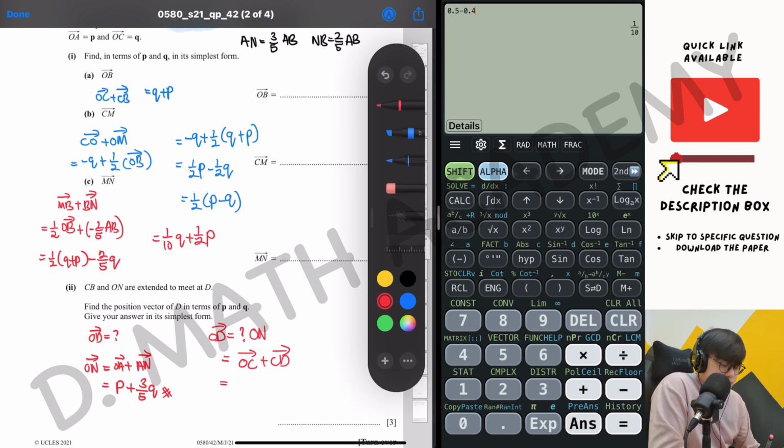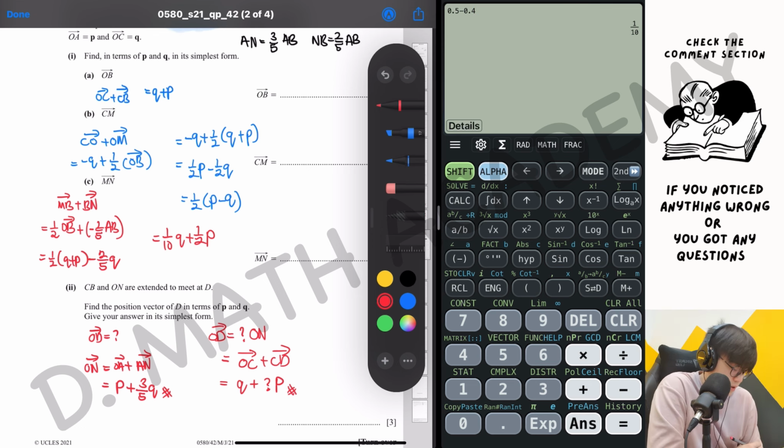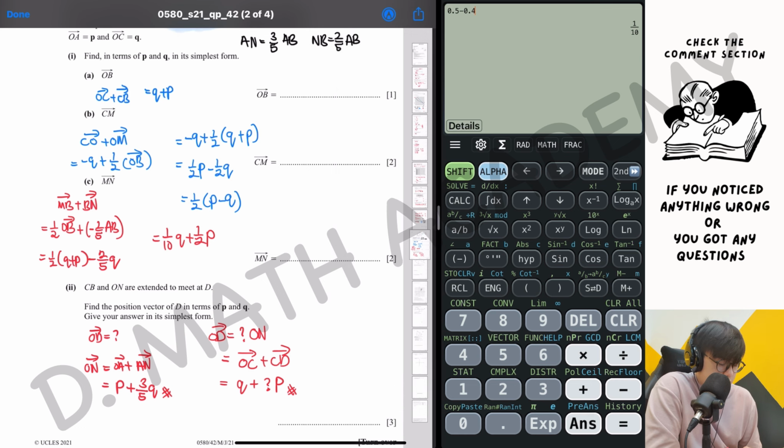Your OC is actually 1 Q, and then we have a CD that is something related to P. With this value, we can now try to trace it out. You need to know what you should multiply the Q by to make it 1, because this part here is 1.